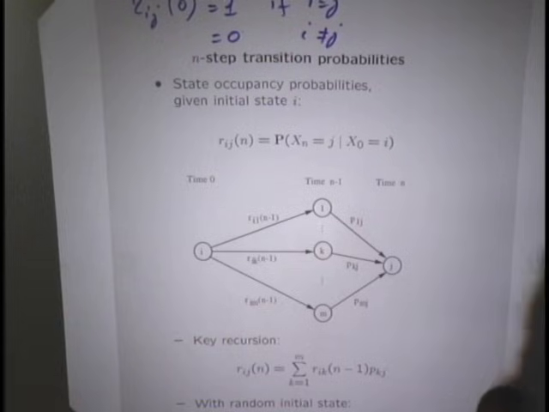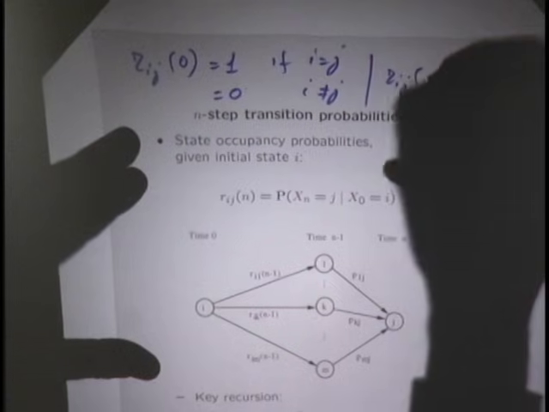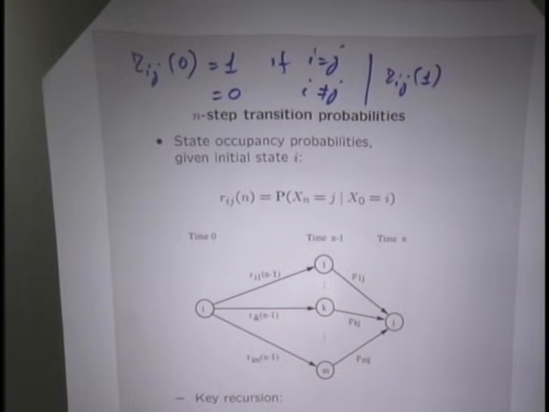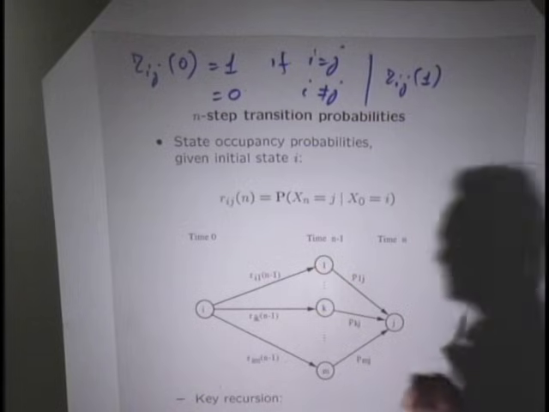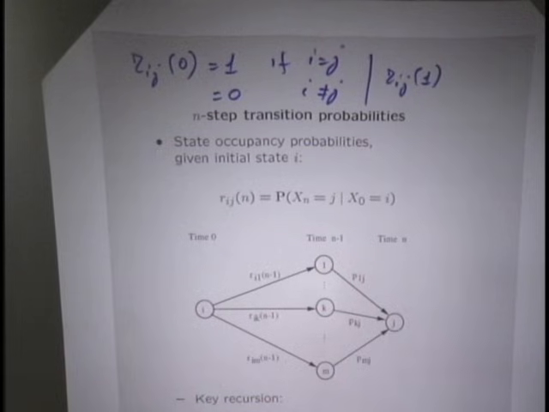If you have only one transition, what's the probability that one step later you find yourself in state j, given that you started at state i? What is this? These are just the ordinary one-step transition probabilities that were given in the description of the problem.